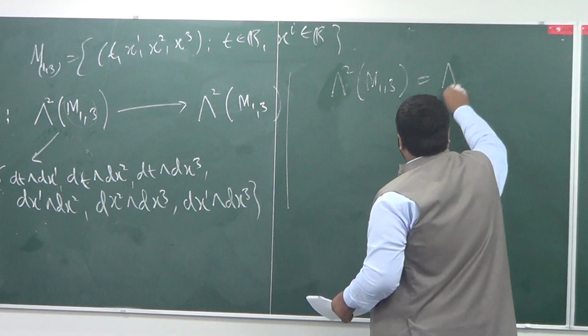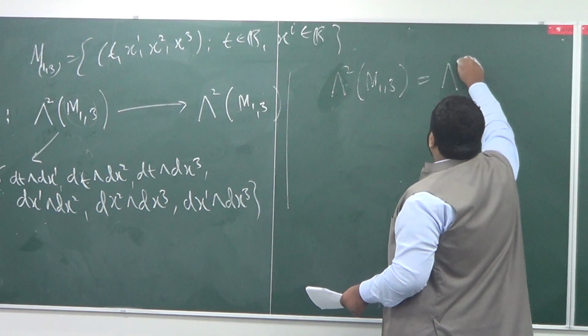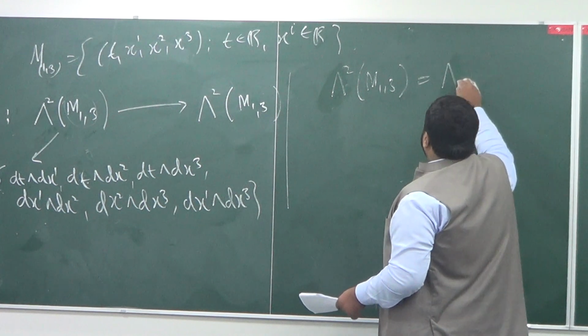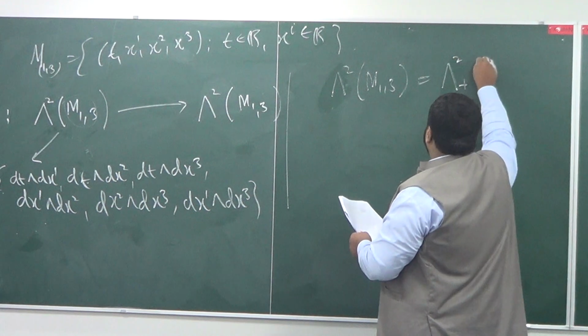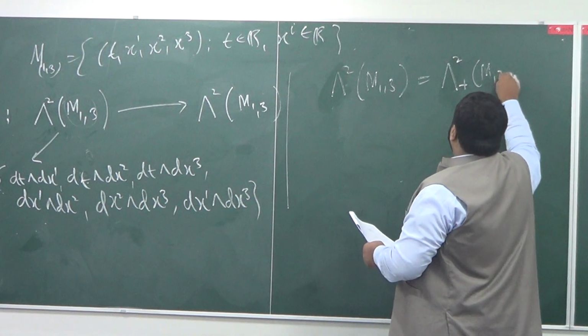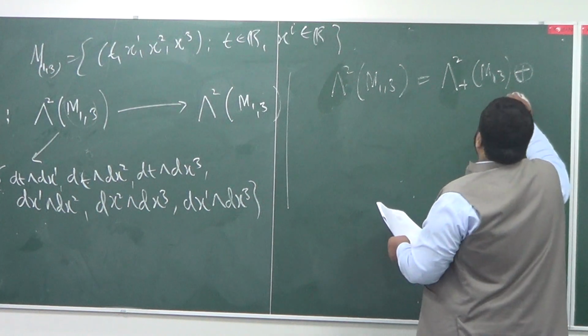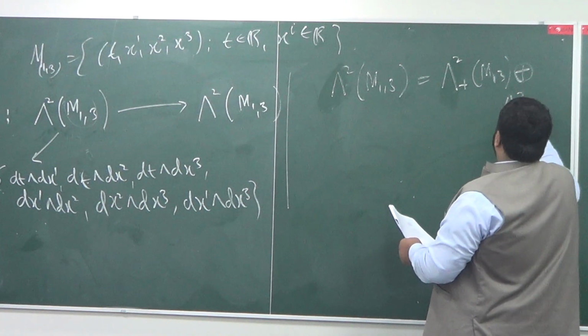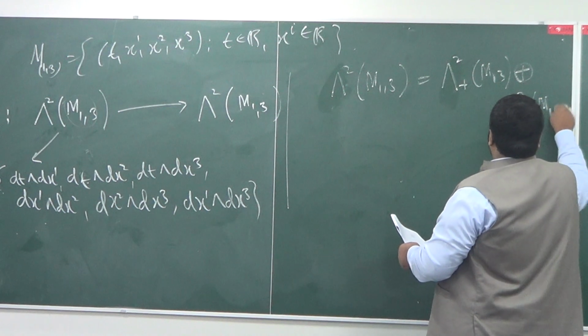As a direct sum of what? As a direct sum of plus M13 and minus M13. I'm going to define in a moment what these are.